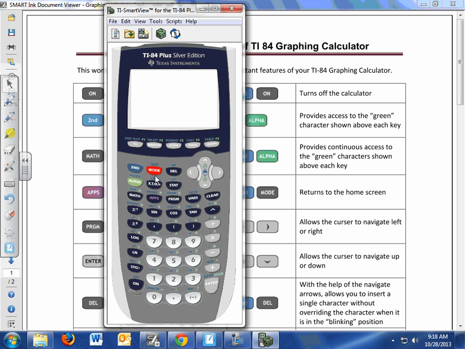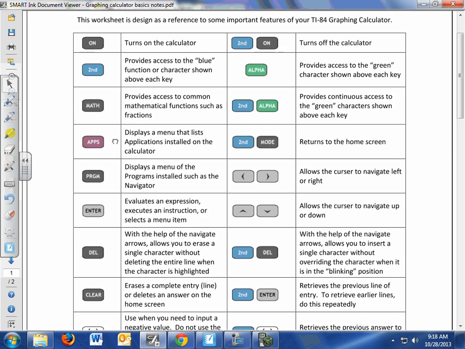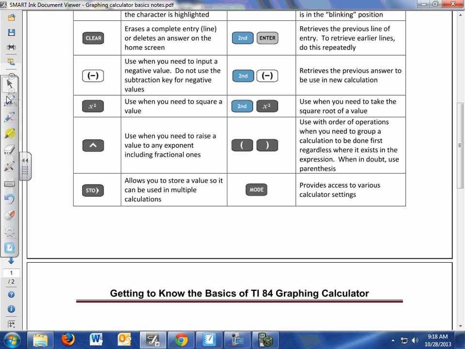Okay? And the most important thing that you should know is how to reset your calculator. So to reset your calculator, and I want everybody to do this, you're going to press second plus 7, 1, 2.